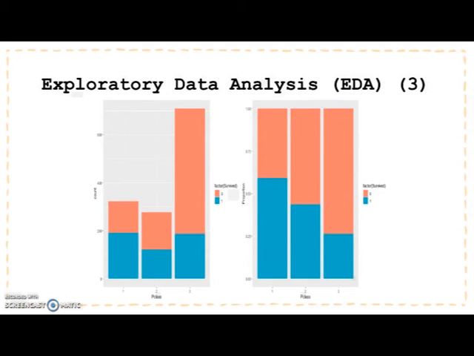Next, it indicates that class 1 passengers had the highest chance of survival with 36% compared to class 2 and 3 with 47% and 24% respectively. So you can see the count and also the proportion here.